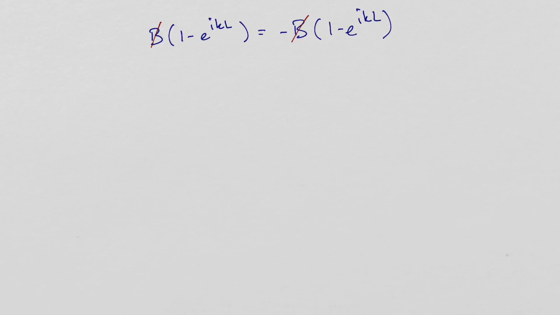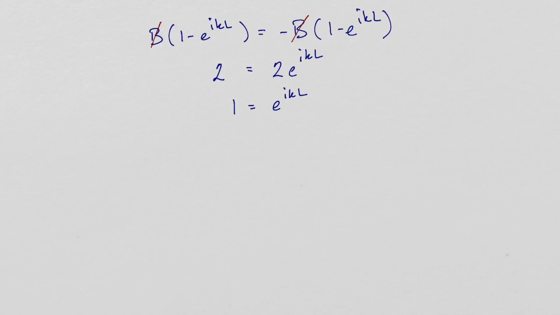So let me again do the algebra. I'm going to move the 1 over, so I get 2. I'm going to move the e to the i kL to the other side, and I'm going to get 2 e to the i kL, or 1 is equal to e to the i kL. And now what seemed like a total contradiction turns out to be absolutely fun to solve, because I know that e to the i kL can be equal to 1. And if I look back at that expression, the only time that two numbers can be equal to each other with a minus sign is if they both happen to be 0.